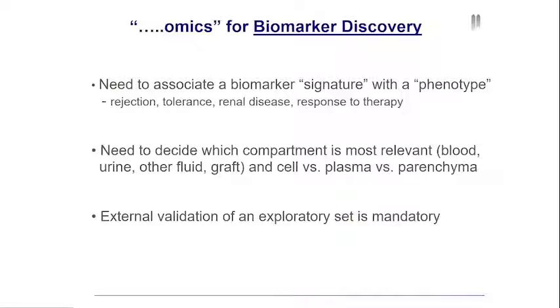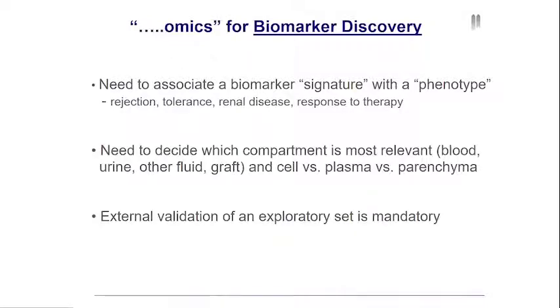It's really important that when you're thinking about biomarker discovery and validation, that you understand what this means in terms of correlating this with an actual clinical disease. So one could have a biomarker signature in the blood, but you have to tie it with a specific phenotype that the patient is experiencing so that you can develop biomarkers that really distinguish two disease processes.